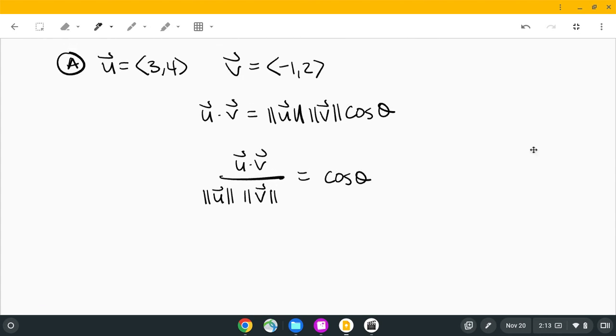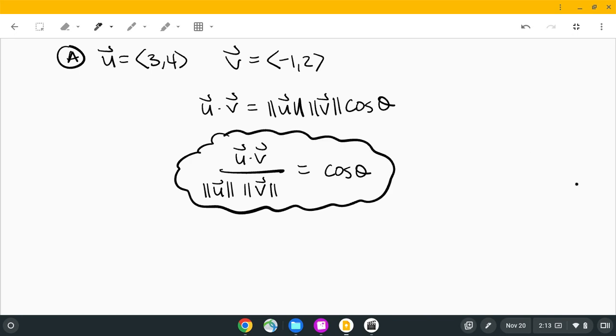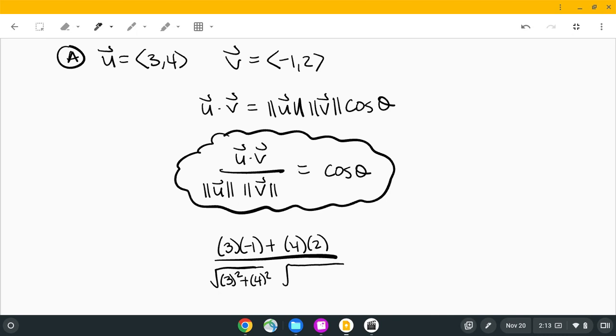All right, so let's do u dotted with v. So we're going to do this top part here, u dot v: 3 times negative 1, plus 4 times 2. And then let's do the magnitude of u, which is the square root of 3 squared plus 4 squared. And the magnitude of v is going to be the square root of negative 1 squared plus 2 squared.